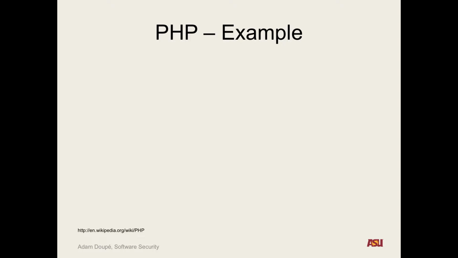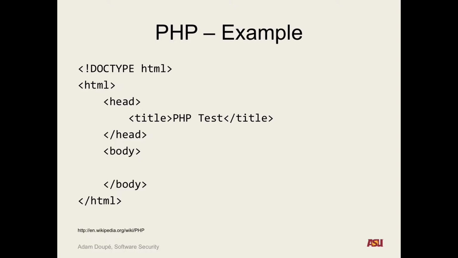So let's look at a quick example. So just like in ASP, everything that's not inside of a PHP tag is going to be output constant. It's going to be just output. So here, all this text is going to be output.